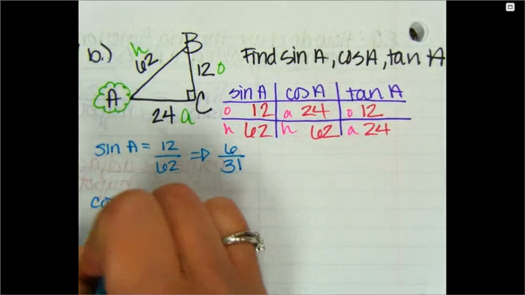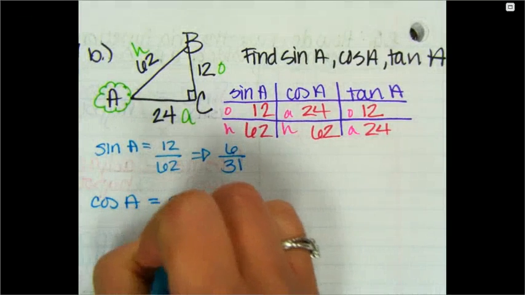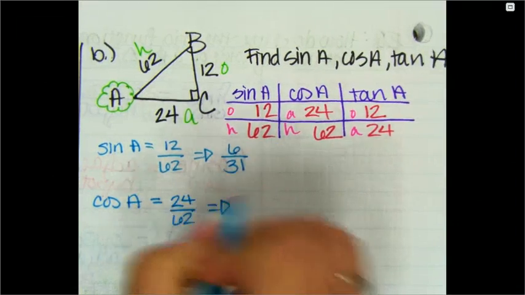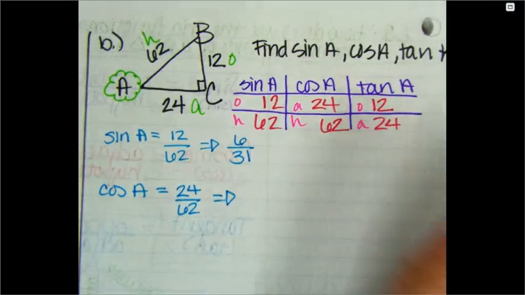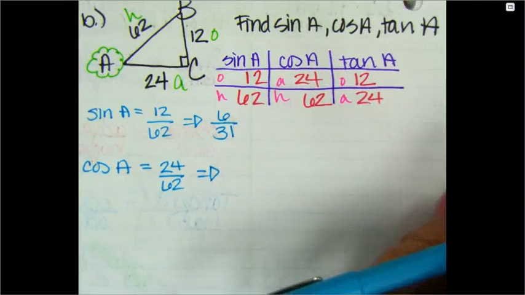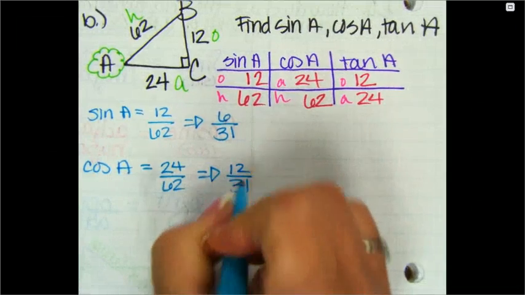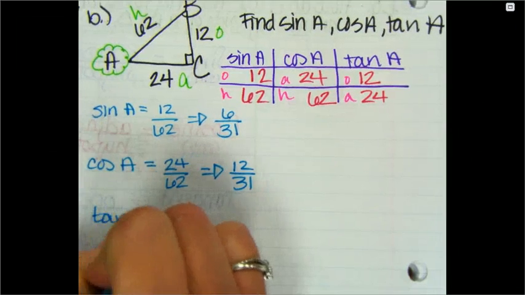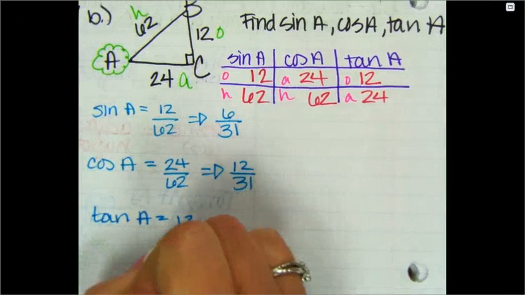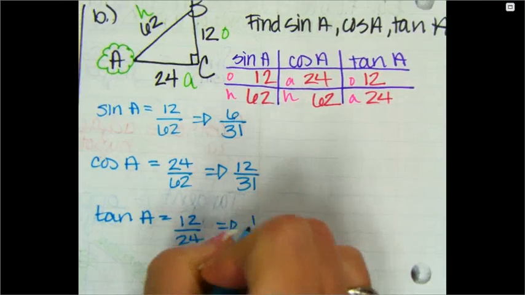Cosine of A is 24 over 62, which reduces to what? Divide by 2. 12 over 31. And tangent of A is 12 over 24, which reduces to 1/2.